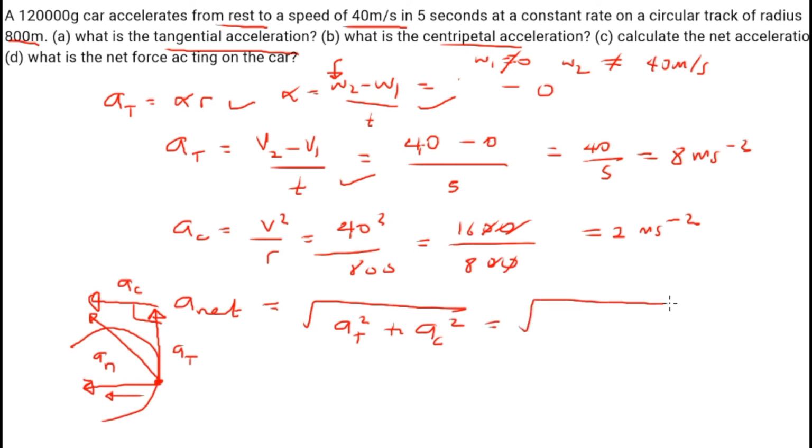That's 2 raised to power 2, which is 4, and 8 times 8, which is 64. So 64 plus 4 is 68. The square root of 68 is about 8.24 meter per second squared.